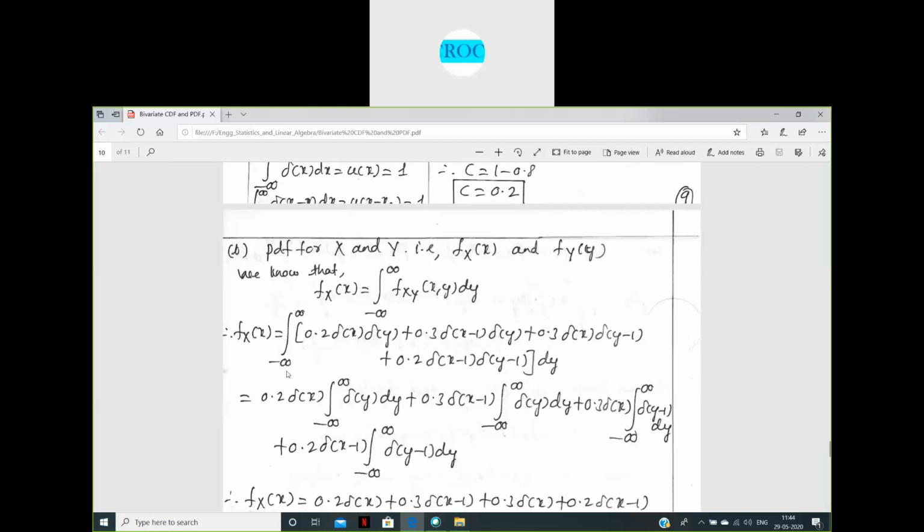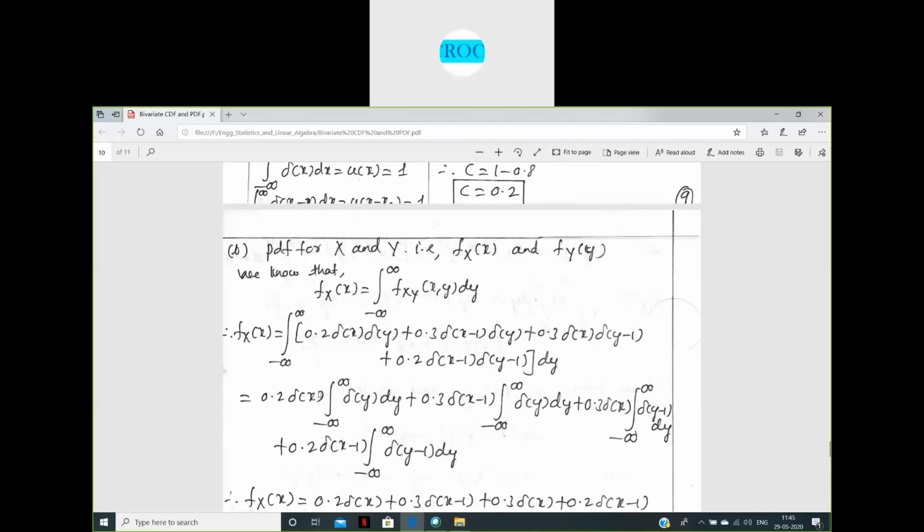Now substitute the bivariate PDF from the given statement: 0.2 δ(x) δ(y) plus 0.3 δ(x−1) δ(y) plus 0.3 δ(x) δ(y−1) plus 0.2 δ(x−1) δ(y−1), whole thing dy. Since we are integrating with respect to y, in the first term we have 0.2 δ(x), which is like a constant since it is not related to y.